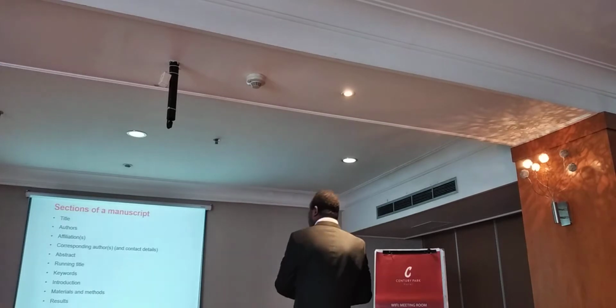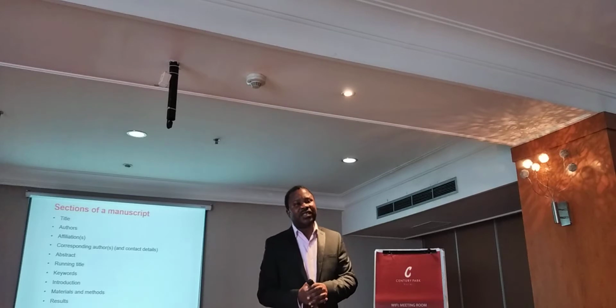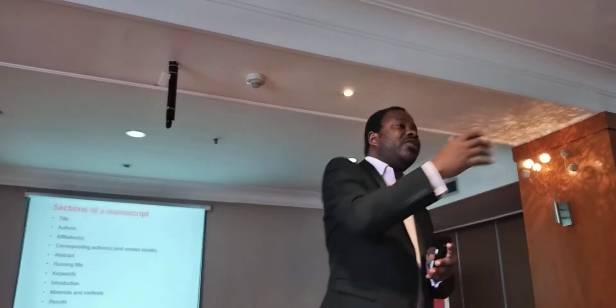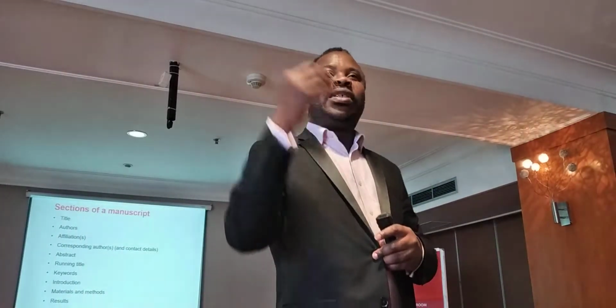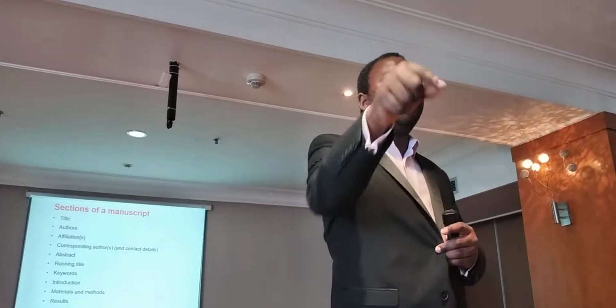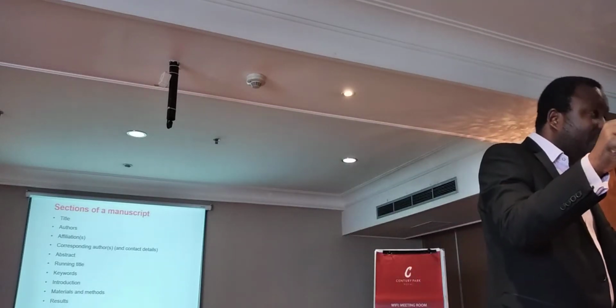And so the running title is a short title that is part of the alternative pages within your manuscript when it is published, so that short title allows the reader to continue to understand the focus of that particular article without having to go back every time to the first page, because your title is only available on the first page, isn't it?